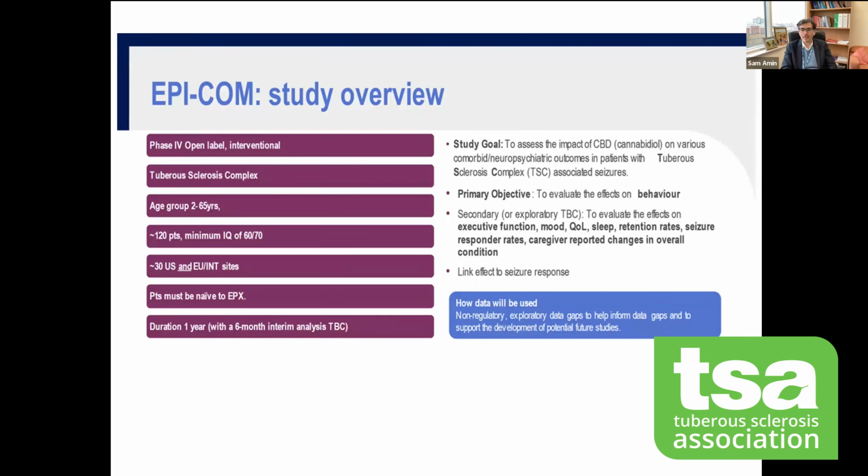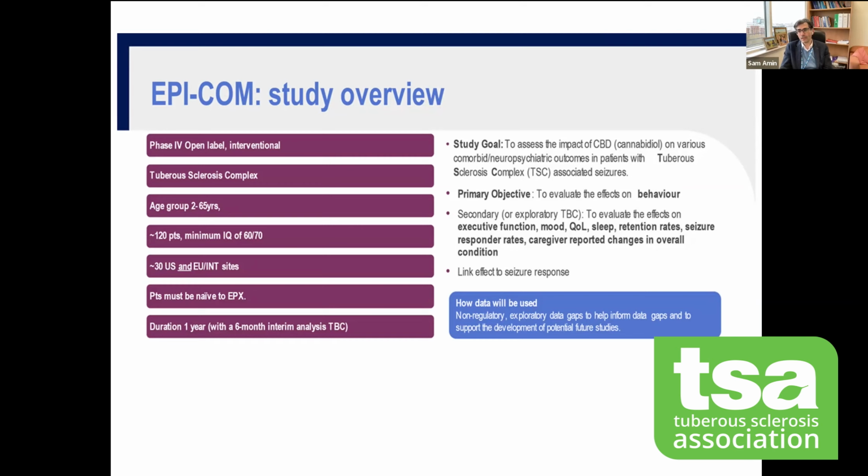So there is another study in the pipeline. In fact, I'm meeting with GW Pharma tomorrow afternoon to discuss this study. So that's quite exciting. So the plan is to use Epidiolex and check its efficacy on other issues in TSC, because it's not just about epilepsy.